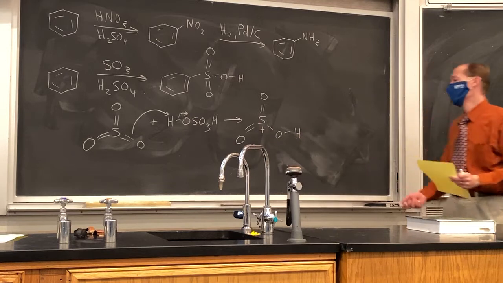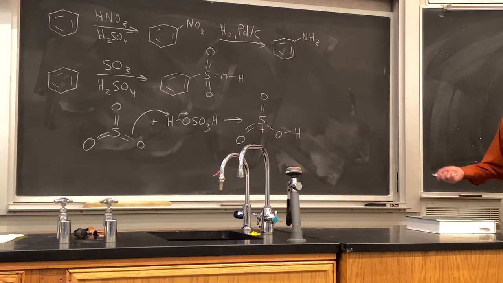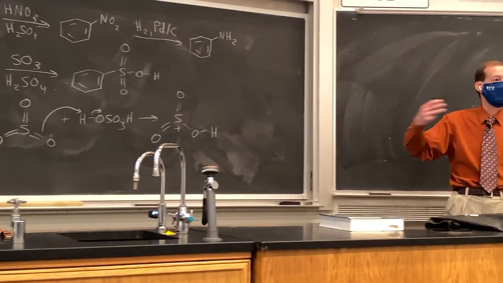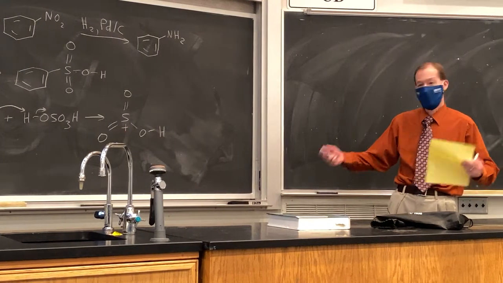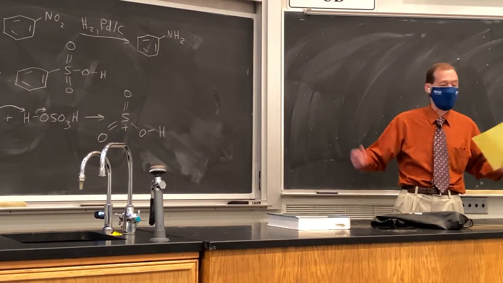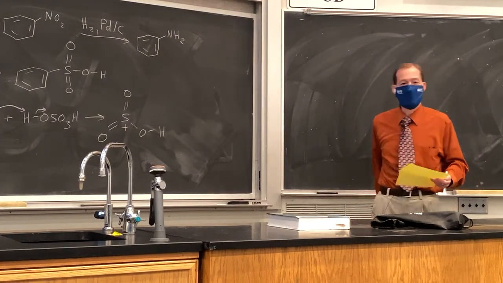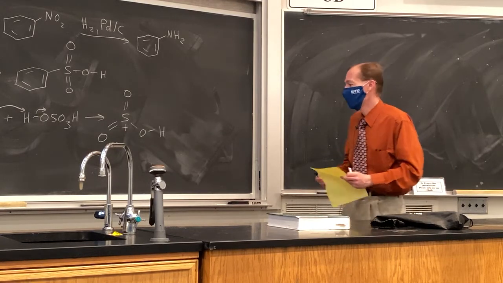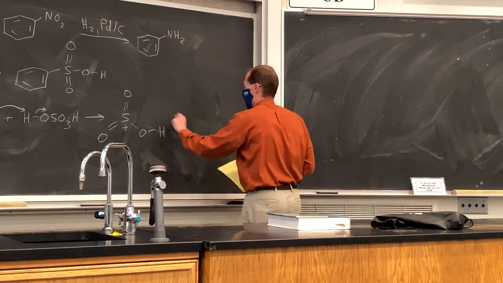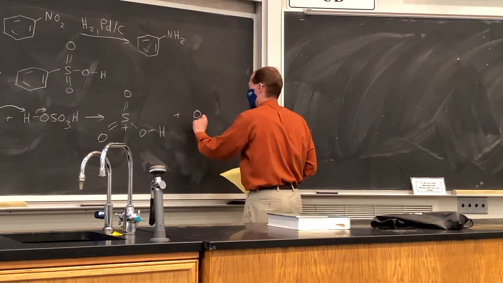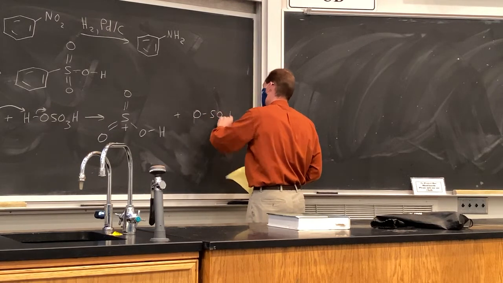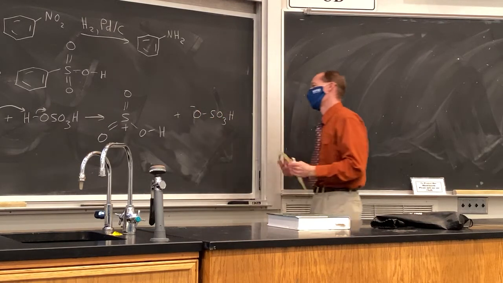Now our sulfur only owns 5 electrons. Even though it's got access to 10, it's still exceeding the octet. It only owns 5 of those electrons. And so indeed, this is positively charged on the sulfur and is therefore now an electrophile. And of course, we've also formed HSO4 minus.